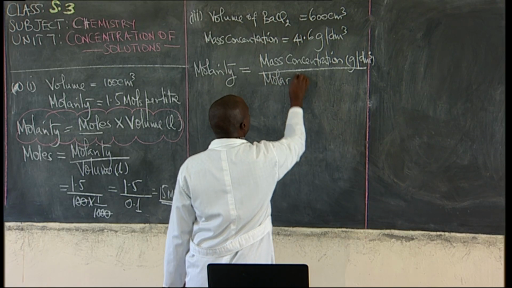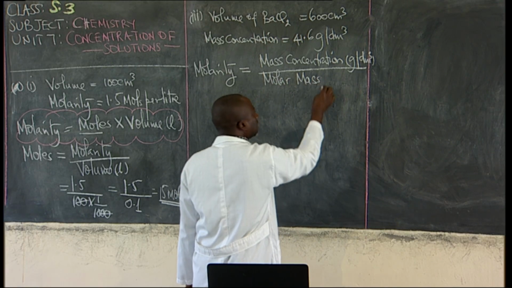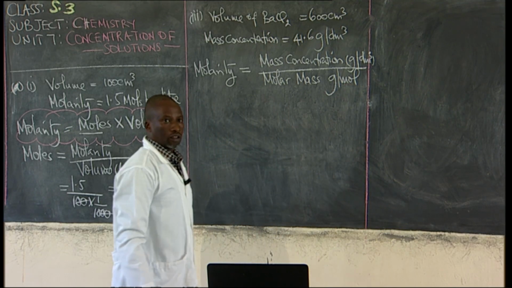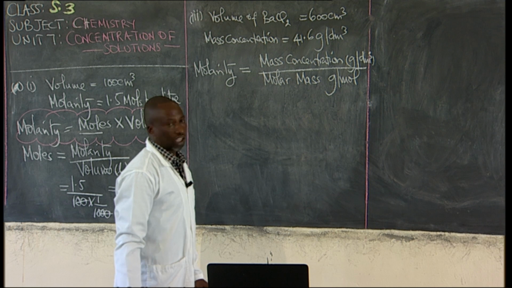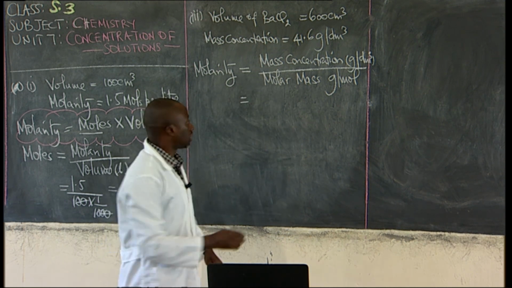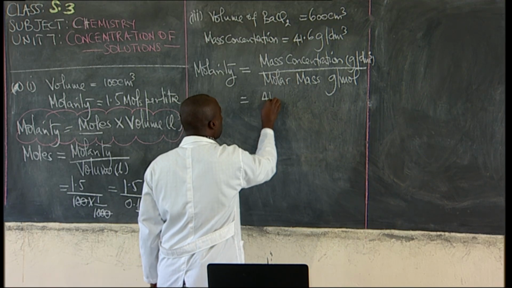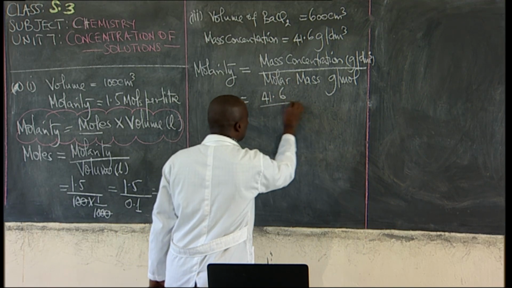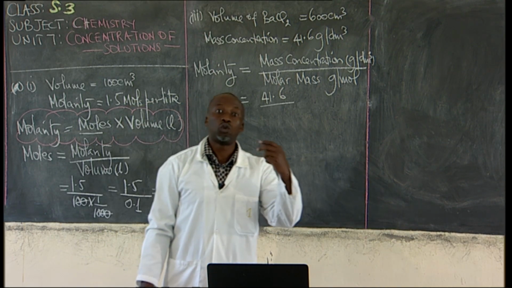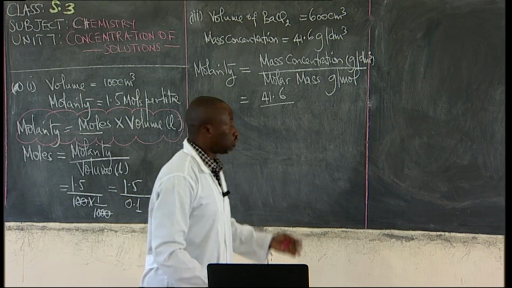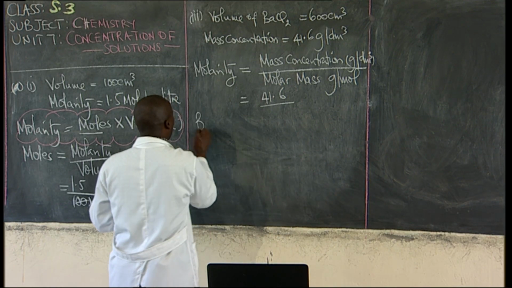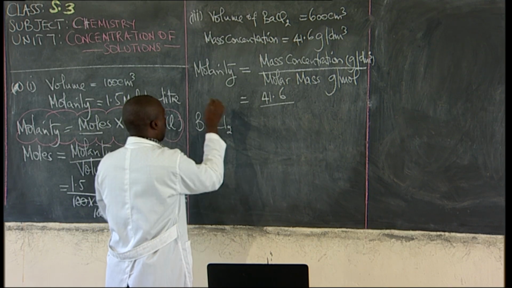The molar mass is in grams per mole. So we need the mass concentration, that is 41.6, divided by the molar mass of barium chloride. That's why I said you need a calculator. So you need to find the molar mass of barium chloride.